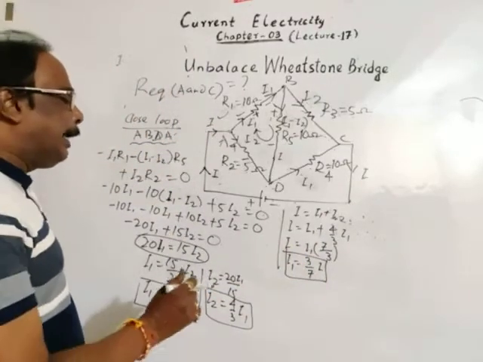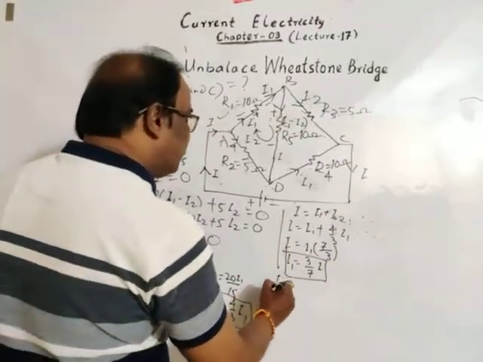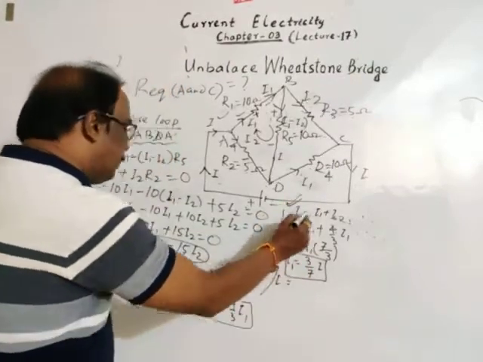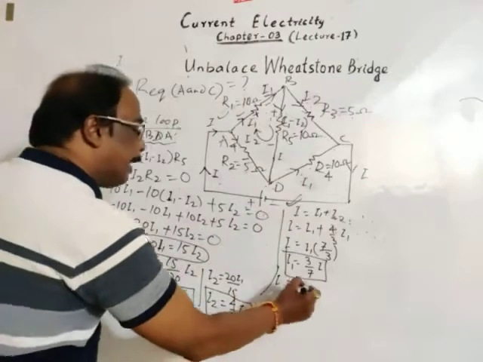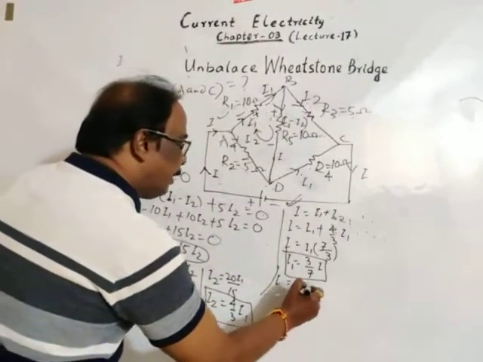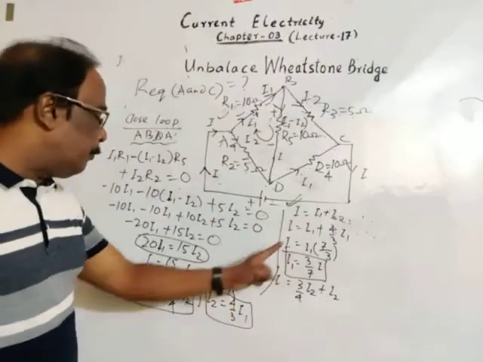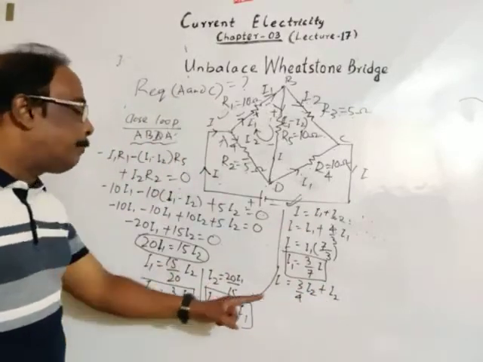Similarly, to get I2, again use the same equation. I is equal to I1 plus I2. In place of I1, we may write 3 by 4 I2.